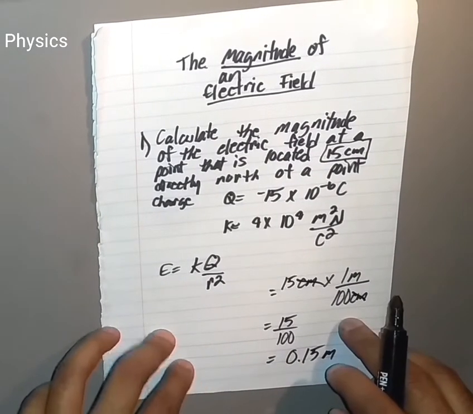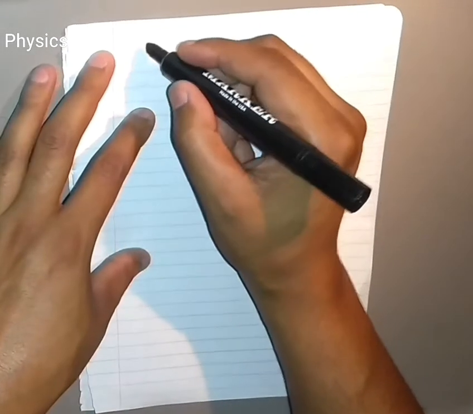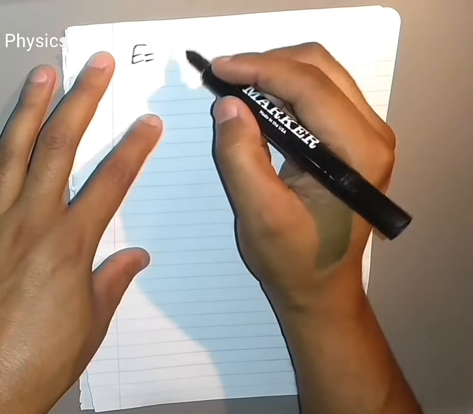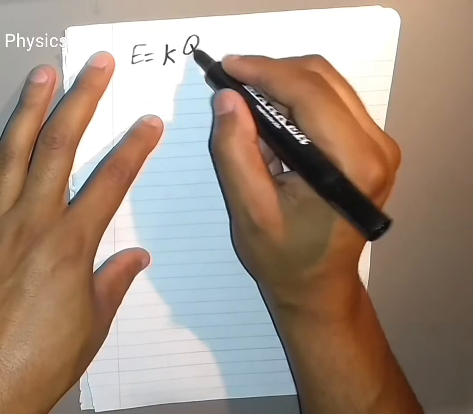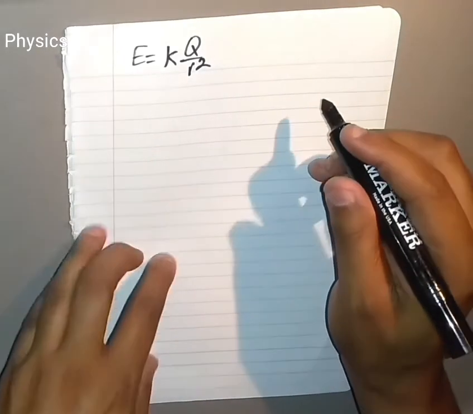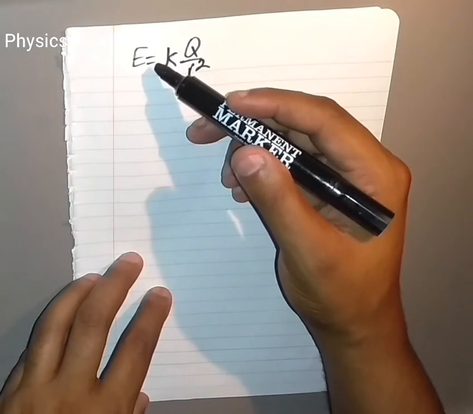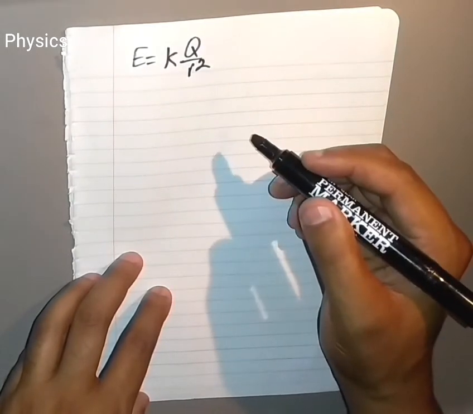Okay, so from here, let's take that charge and the distance and plug them into the equation and solve for the electric field strength. Let's rewrite it: E equals constant K times Q over R squared, where E is the magnitude of the electric field.